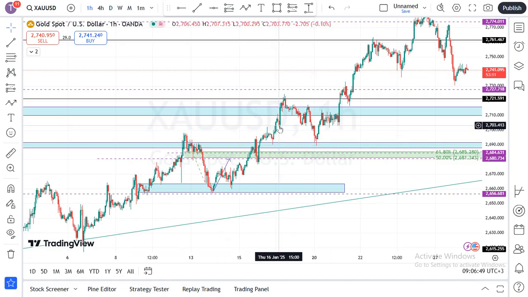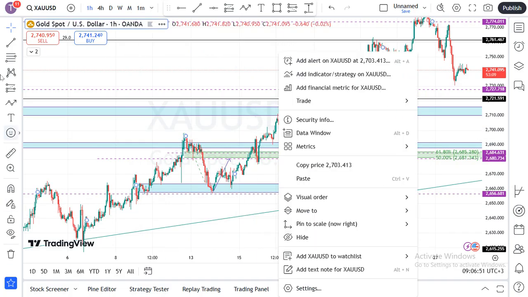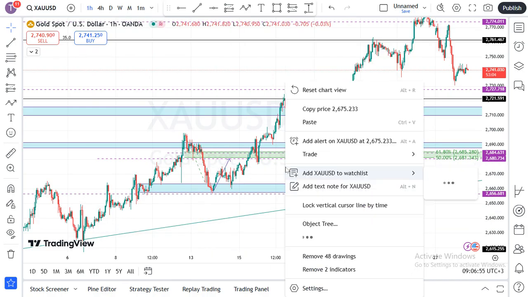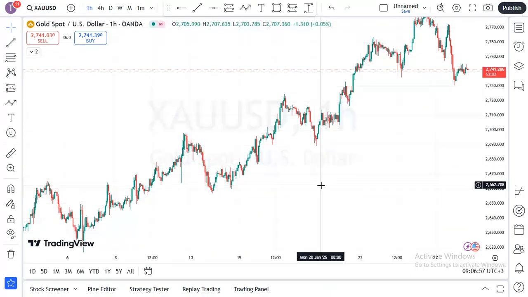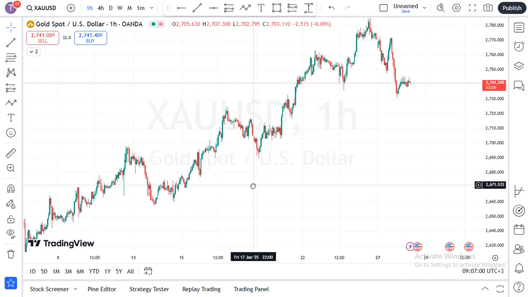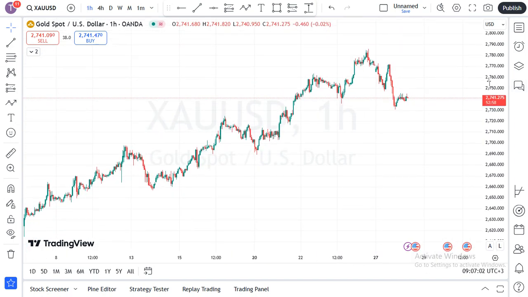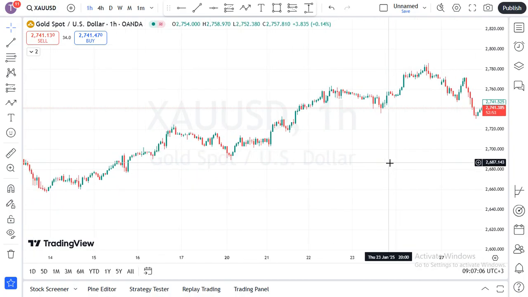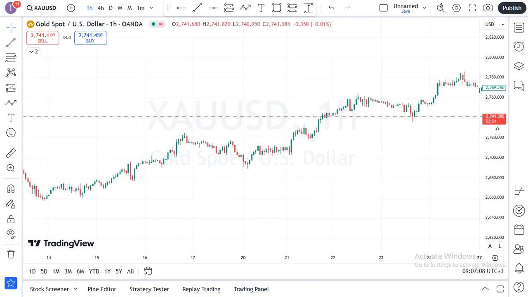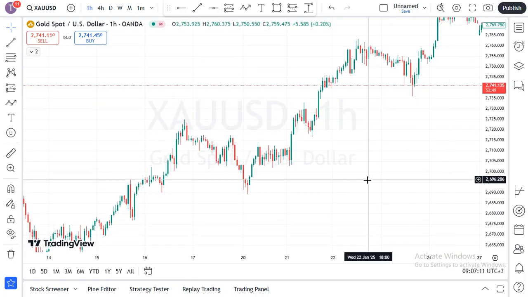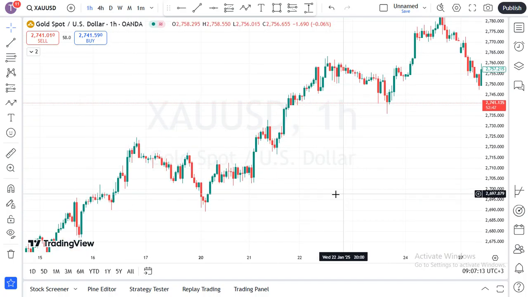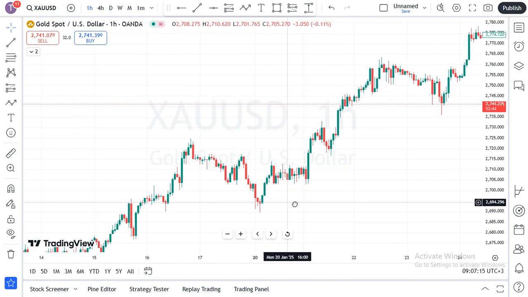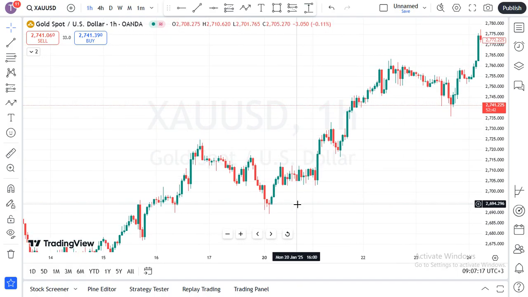So we are going to see how we mark these. Do we have examples here? Yes, we have an example here.